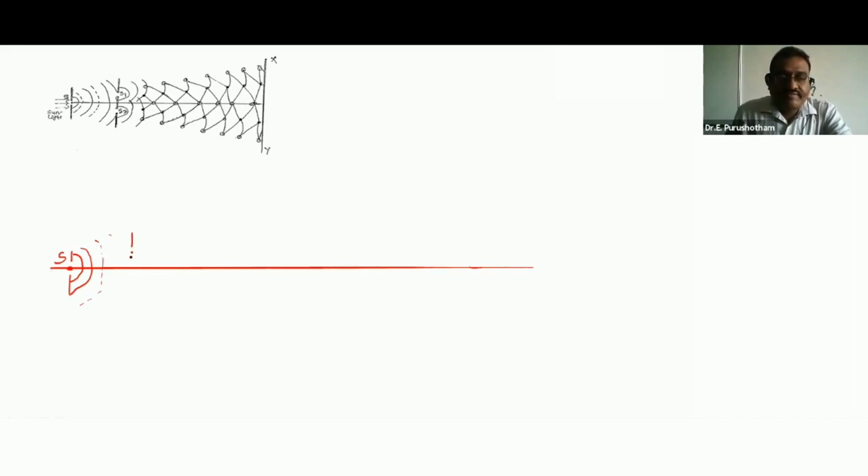This is another pinhole, S1. This is S2. From these pinholes also spherical waves are produced, and the radii increase.